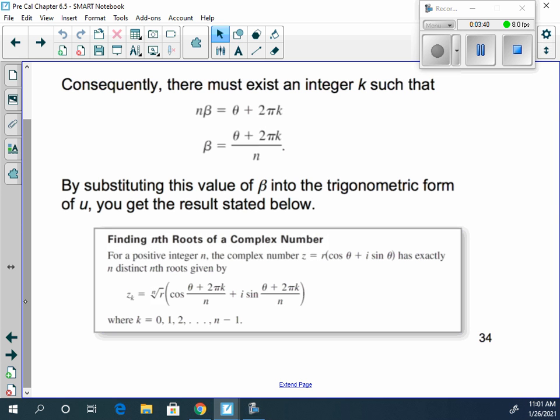A number with n as the root has n distinct nth roots given by this here.